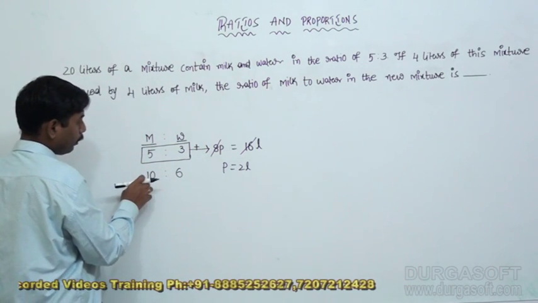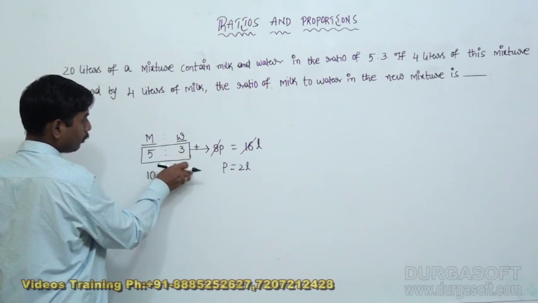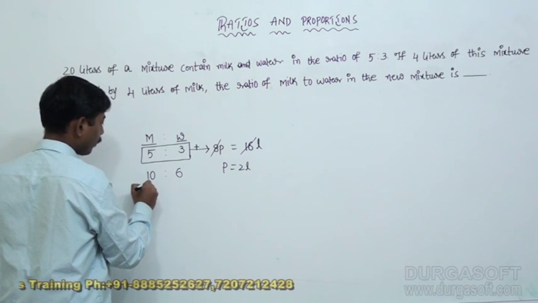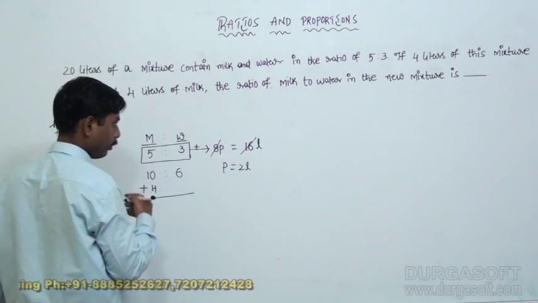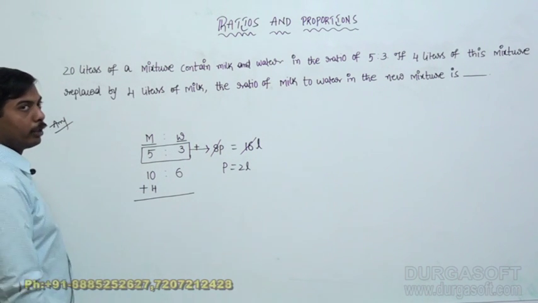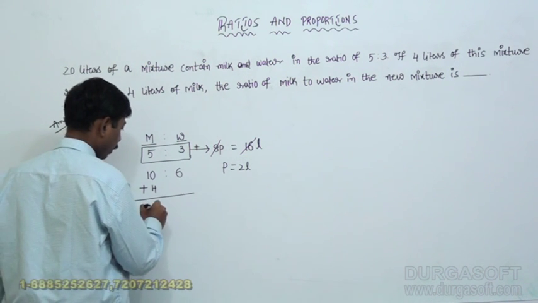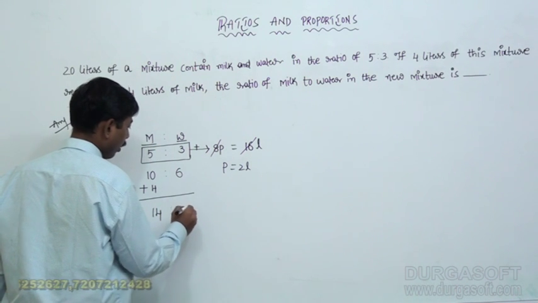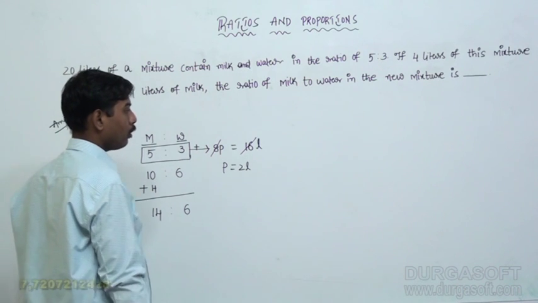Right now 10 plus 4, that is how many liters of milk, my dear guys? 14 liters of milk. And how many liters of water? 6 liters of water.